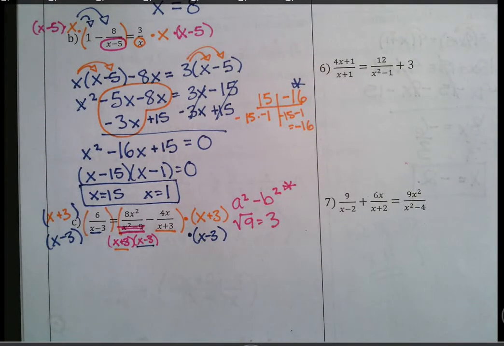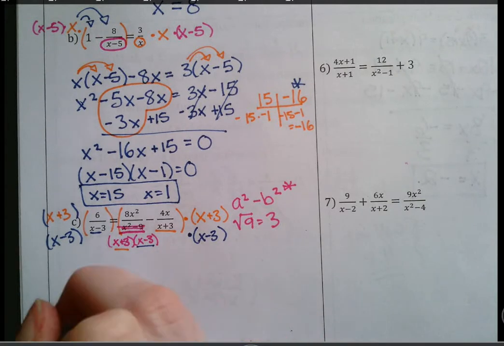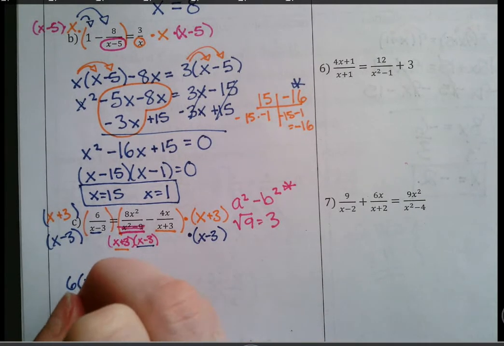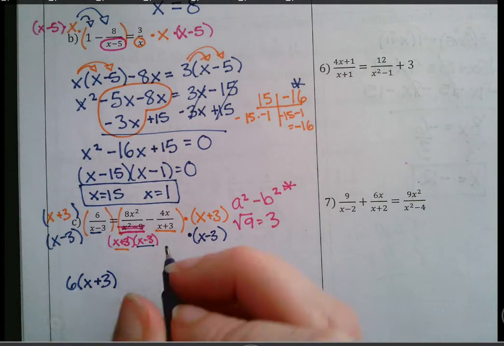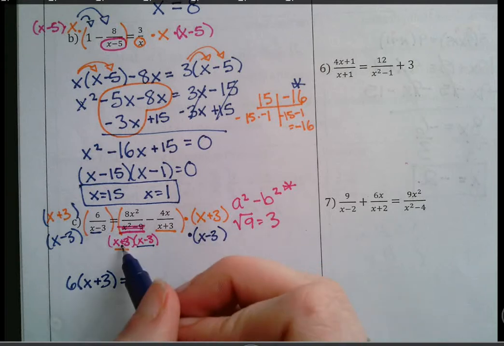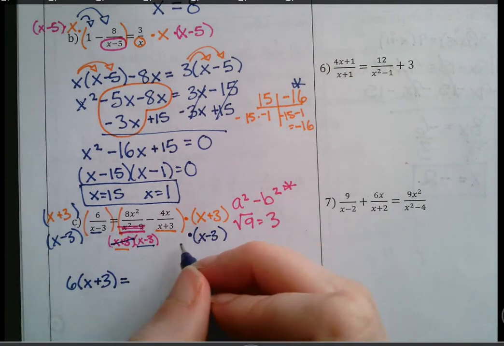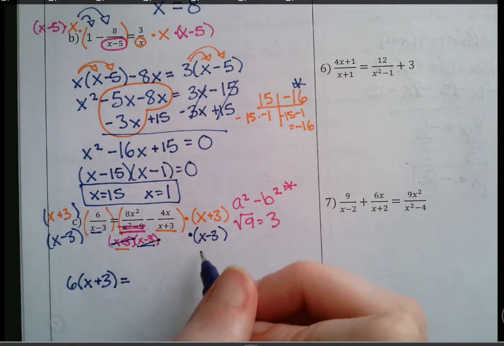So when I distribute that here, the x minus 3's on this side will cancel. So I'll have 6 times the x plus 3 is equal to, the x plus 3's here cancel, so this one goes away. And the x minus 3 is going to cancel. That one's going to go away.